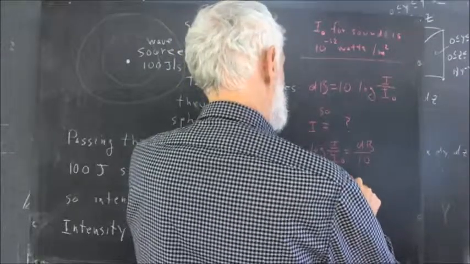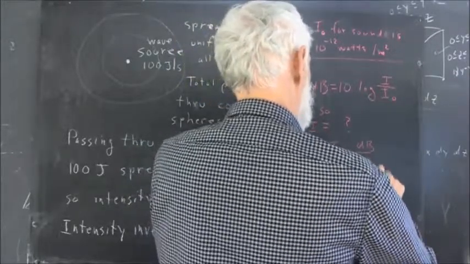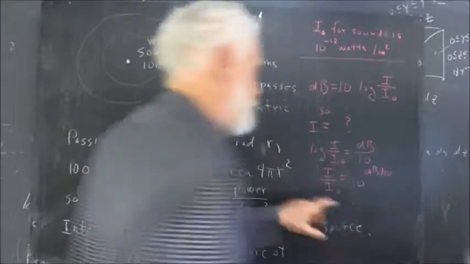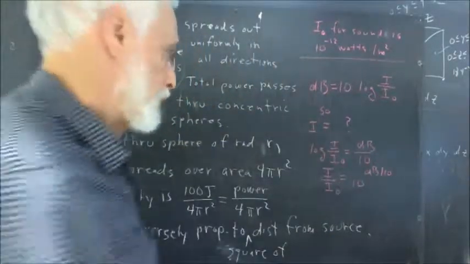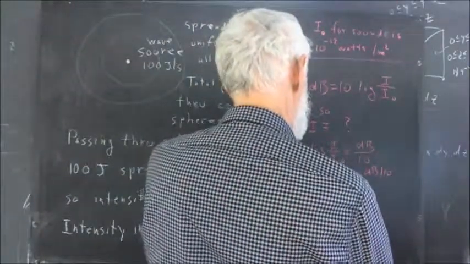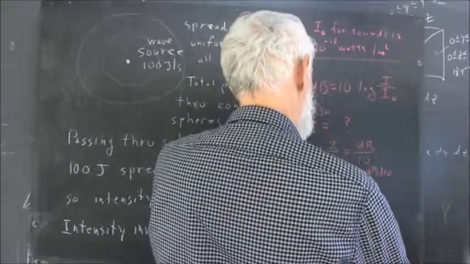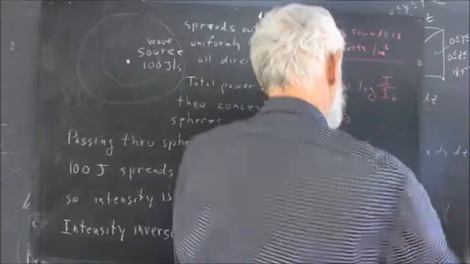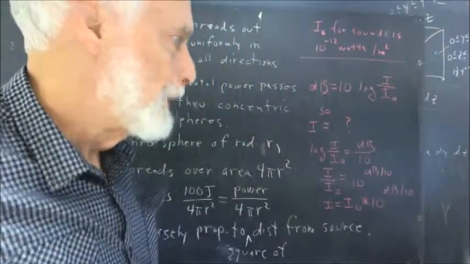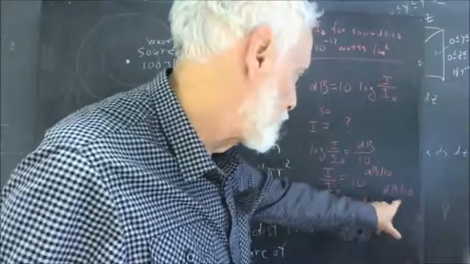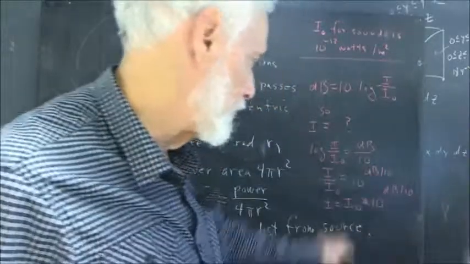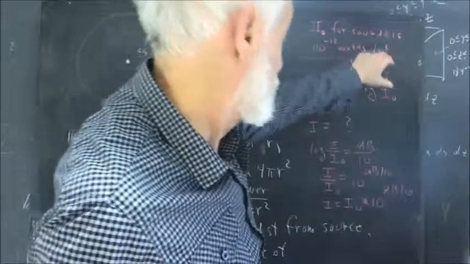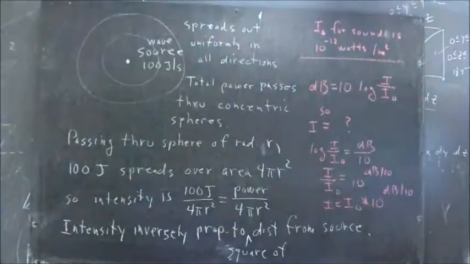That's going to be 10 raised to 1/10 of the decibel level, so that I is I naught times 10 to the number of decibels divided by 10. So my 58 decibel sound, 58 divided by 10 is 5.8. Take 10 to the 5.8, multiply that by 10 to the negative 12 watts per square meter, and you have the intensity.